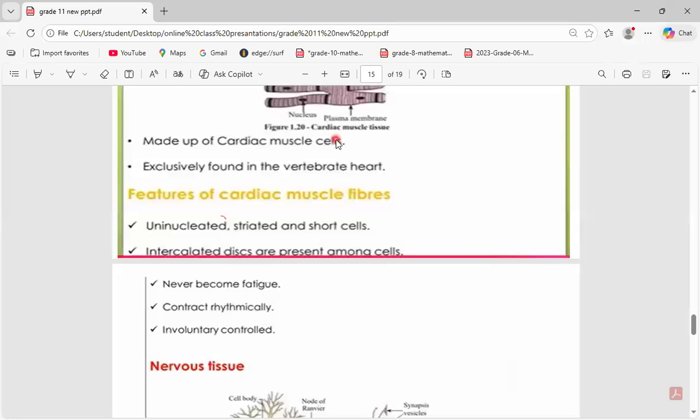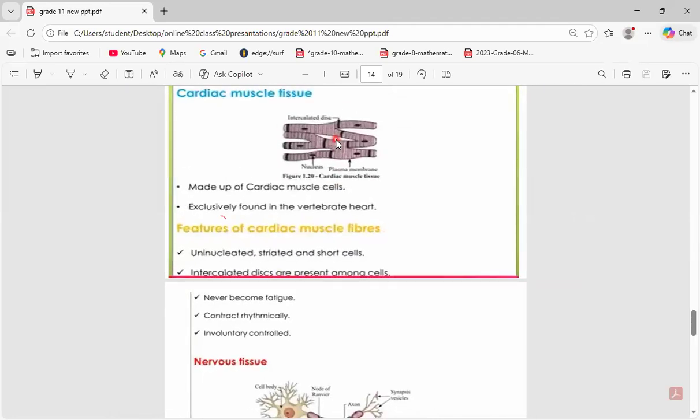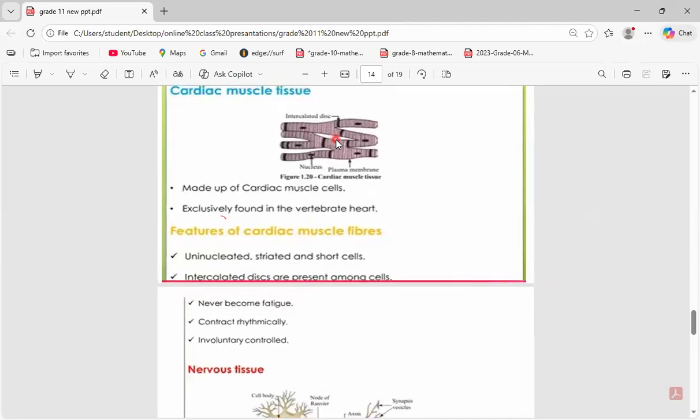So it contracts rhythmically, and it is involuntarily controlled. So these are the cardiac muscles, present only in our heart.